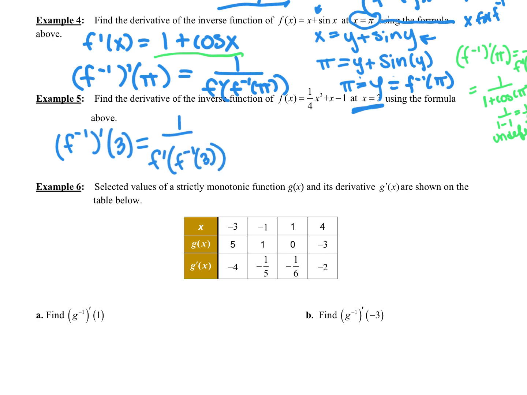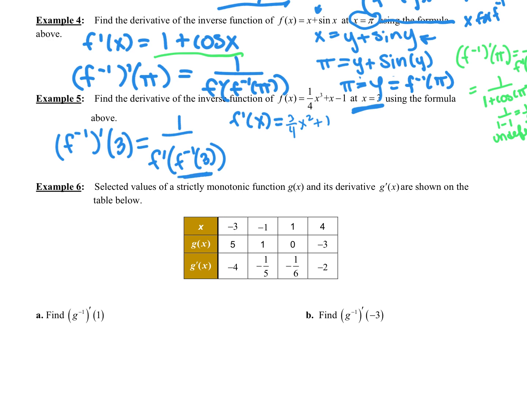So first we need to find f prime. So just using our power rule here, f prime of x will be 3/4 x squared plus 1. And now we need to find f inverse at 3.